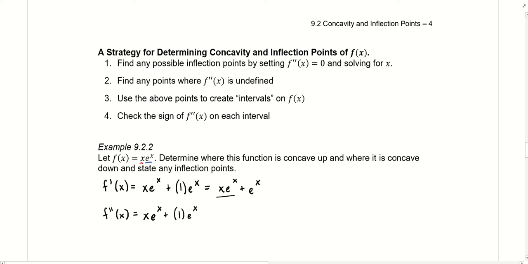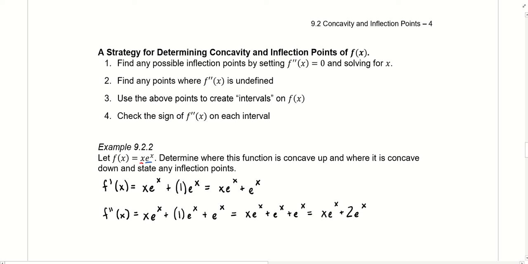That's me using the product rule for this piece here. And then I have to add to that the derivative of just plain old e to the x, which is just e to the x. So this gives me x times e to the x plus e to the x plus e to the x, which I can write as x times e to the x plus 2 e to the x.